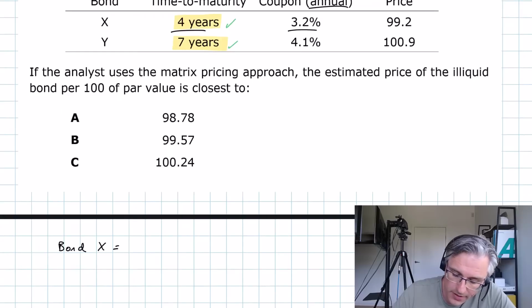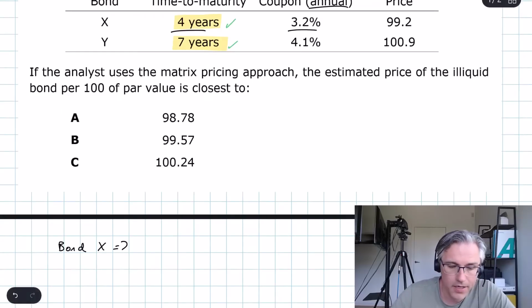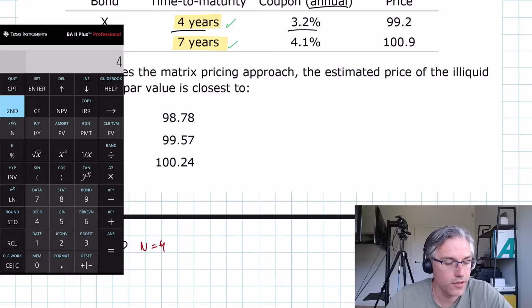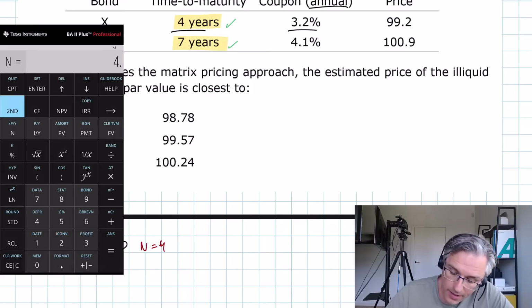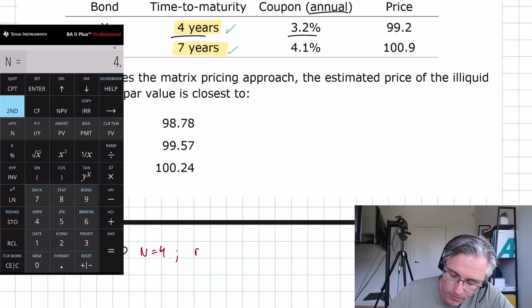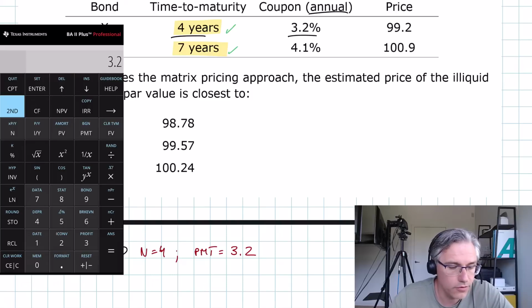So bond X, I'm going to make N equal to 4. So let's do this straight away on the calculator. 4 followed by N. Then the coupon is 3.2, so PMT is going to be 3.2, followed by PMT. Of course, I did clear the time value of money worksheet beforehand. Didn't see me do that. I didn't have my calculator recording yet at that point. What else?